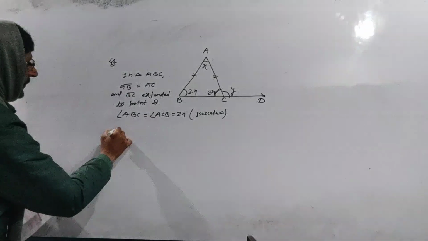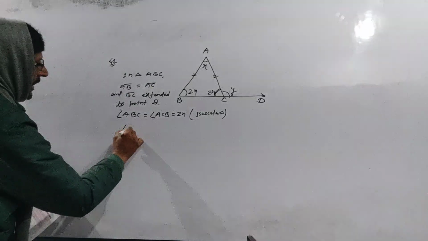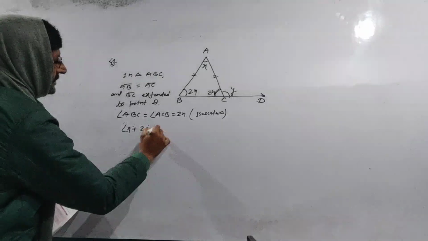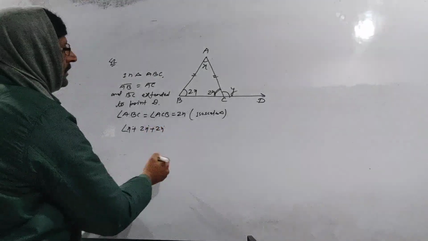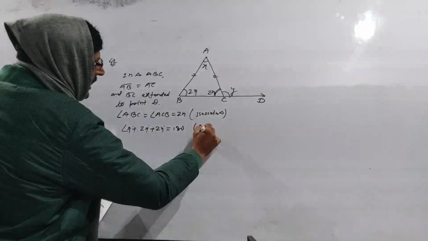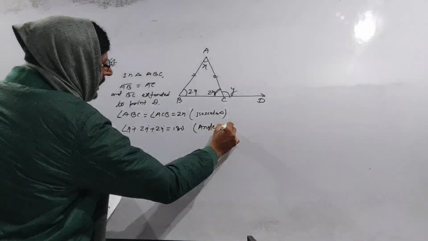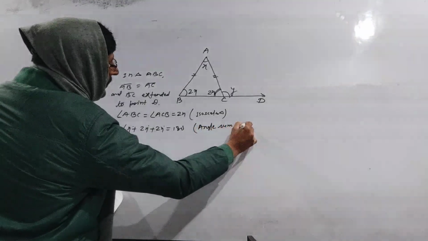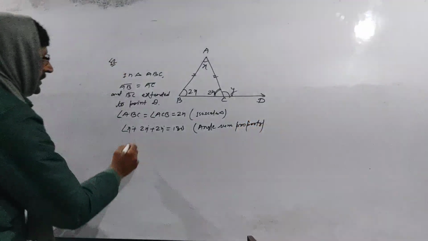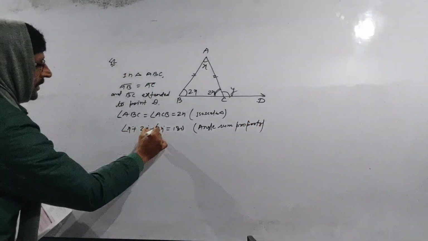Therefore, angle x plus 2x plus 2x is equal to 180 degrees, by the angle sum property.